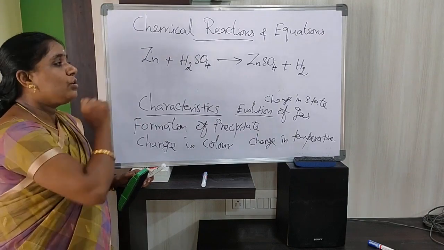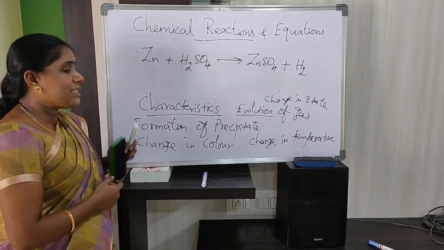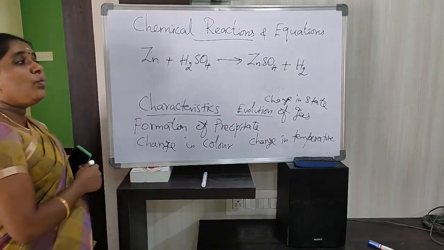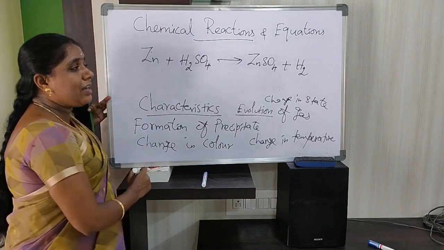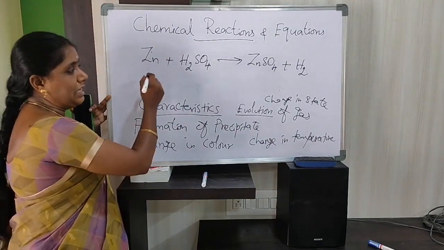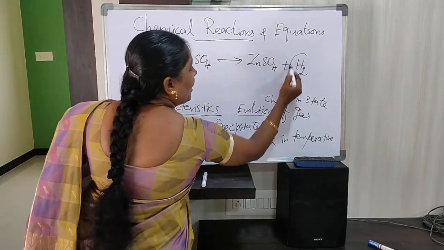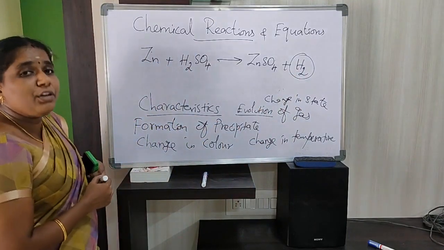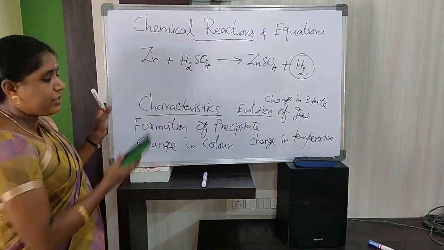Do you remember? So this is one example of a characteristic of chemical reaction. With the help of this characteristic we can identify whether a chemical reaction has taken place or not, here it is the evolution of gas. What gas is evolved here? The gas evolved is hydrogen.